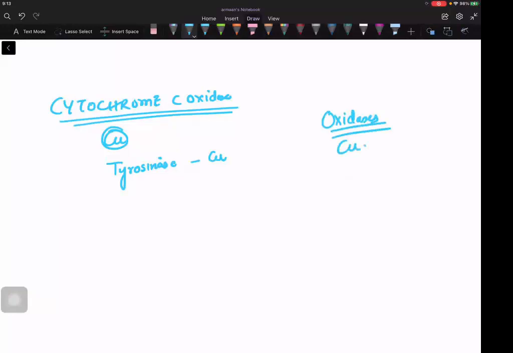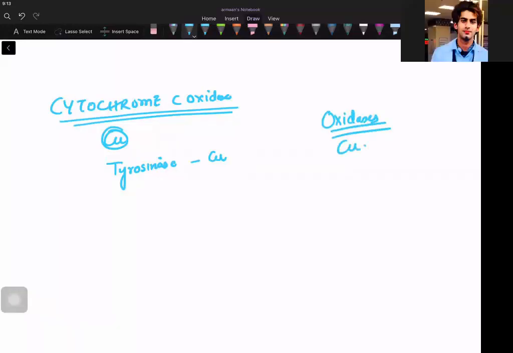Do we remember this from the basics I have taught you? So if I have cytochrome oxidase, tyrosinase, lysyl oxidase, and if I go to vitamin C, ascorbic acid oxidase.